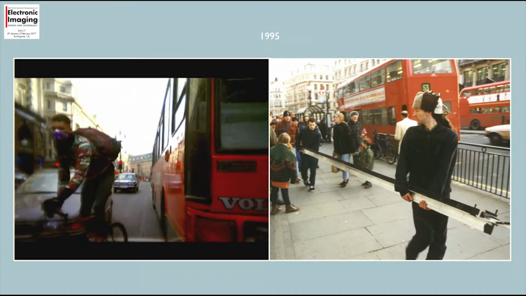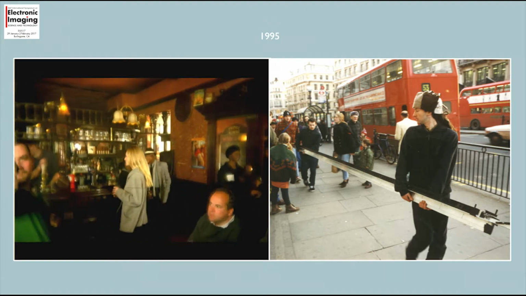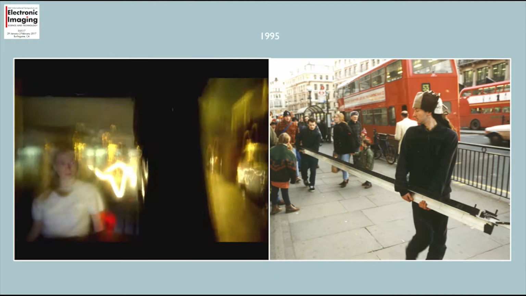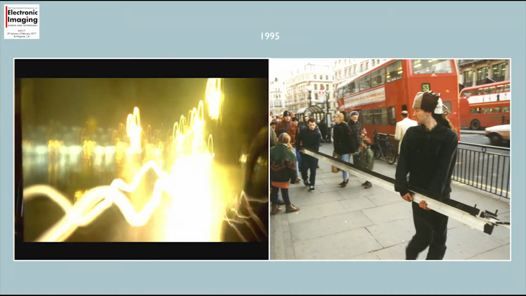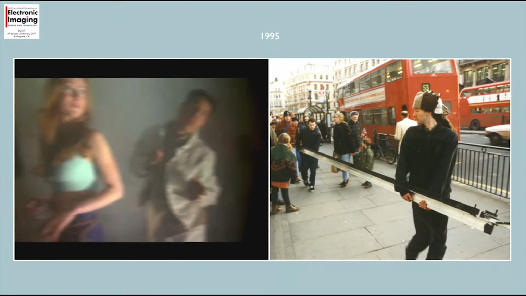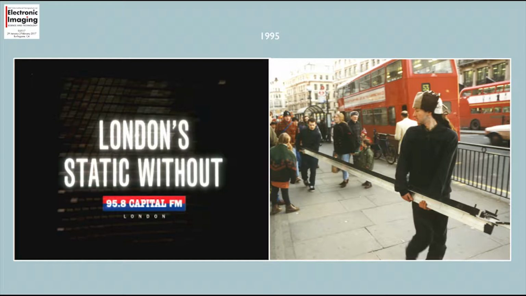But again, the results, when you looked at the viewer analysis for this commercial, it was very split. And it was split sort of generationally. The under 30s loved it, got it. The over 30s thought it freaked them out. They really thought it was spooky and nasty and didn't want anything to do with Capital FM.